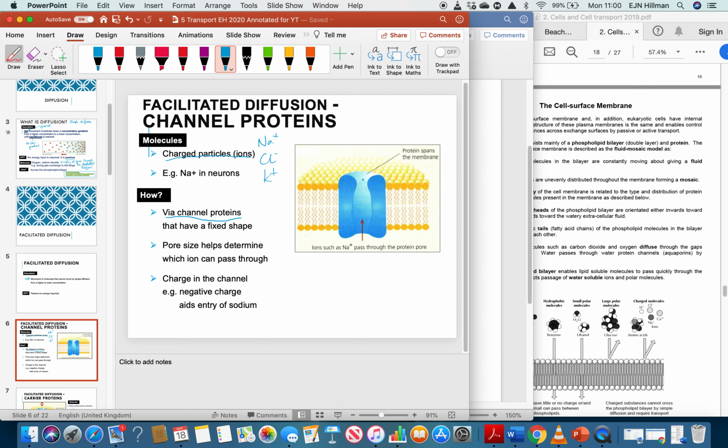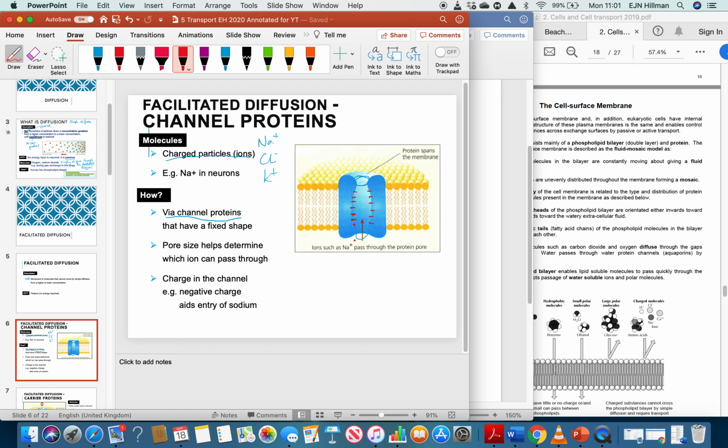The pore size, if we imagine this is the pore here, will determine which ions can pass through. There are also charges on the inside of the channel, and those charges will determine which ion is able to pass through.